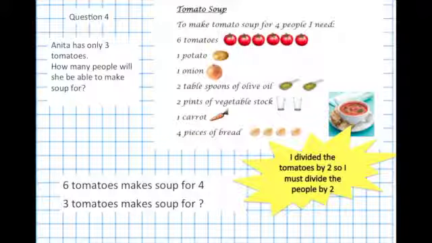The recipe has to be scaled down by a factor of 2. Everything in the recipe will be divided by 2 because that's what we divided the tomatoes by. 4 divided by 2 is 2. We can make soup for 2 people if we have 3 tomatoes.